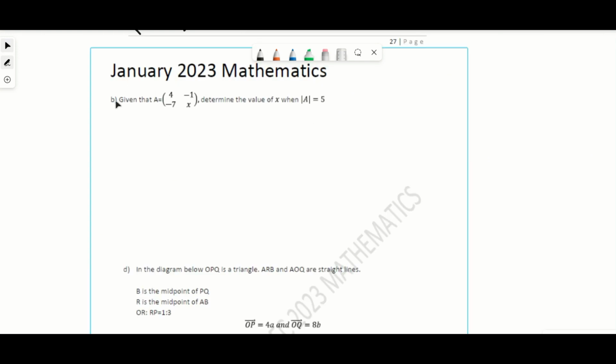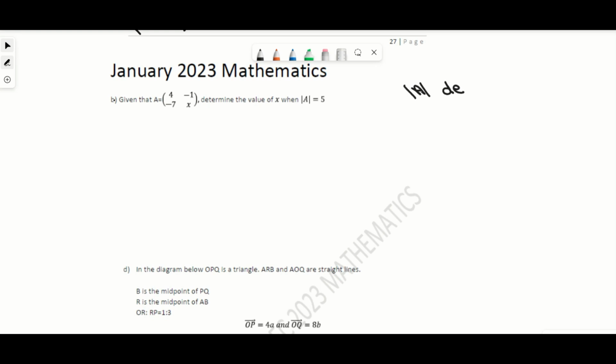Okay, so now we're going to do part B, number 10, part B. Given that A is [4, -1; -7, x], determine the value of x when this here, which means the determinant of matrix A, is 5. How we find the determinant is, let's say matrix M is [a, b; c, d].